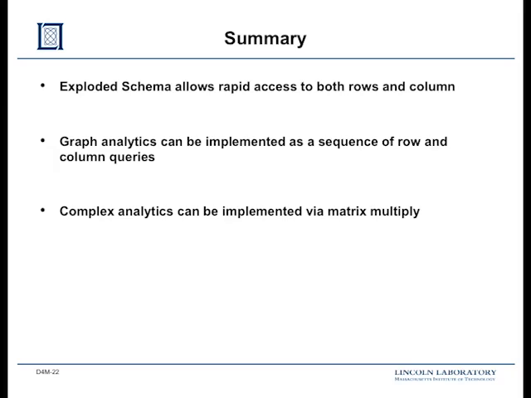And increasingly, as you become more and more skilled with this, you will discover that many of your analytics really reduce to matrix multiplies. That matrix multiply really captures the full all-to-all correlation that you want to do without having to figure things out.